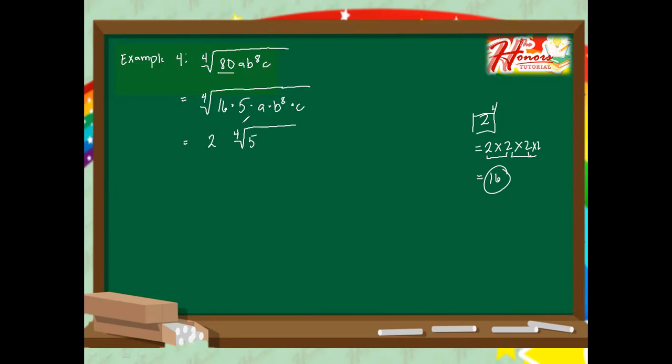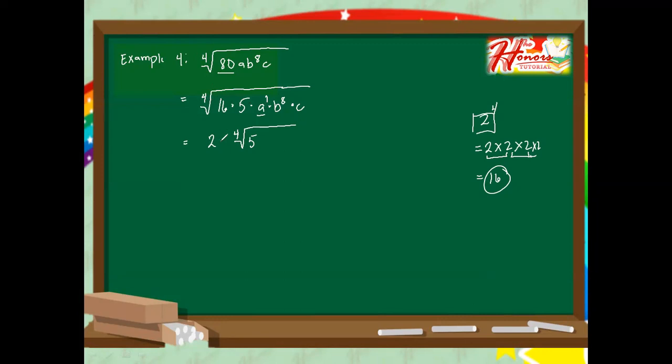Next, how about a? We cannot get the fourth root of a here because the exponent of a is 1. 1 is less than your index, so therefore, we cannot divide it. Next, for b, it is possible to divide it because 8 is greater than your index, which is 4. 8 divided by 4, that's 2, without remainder.